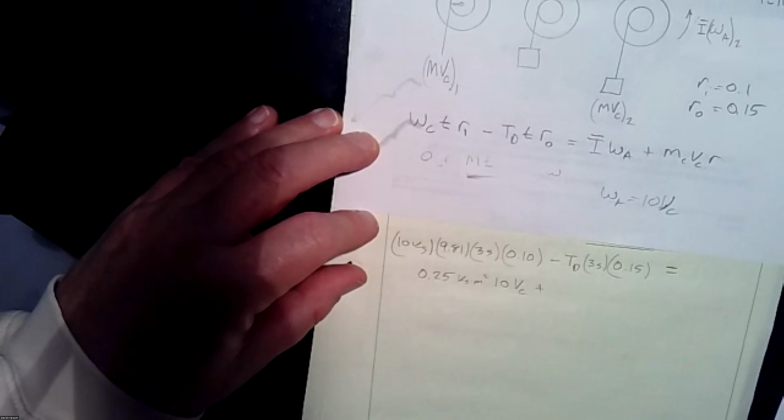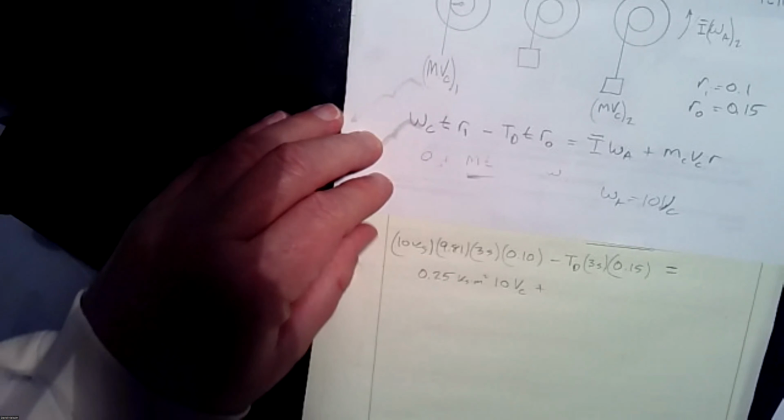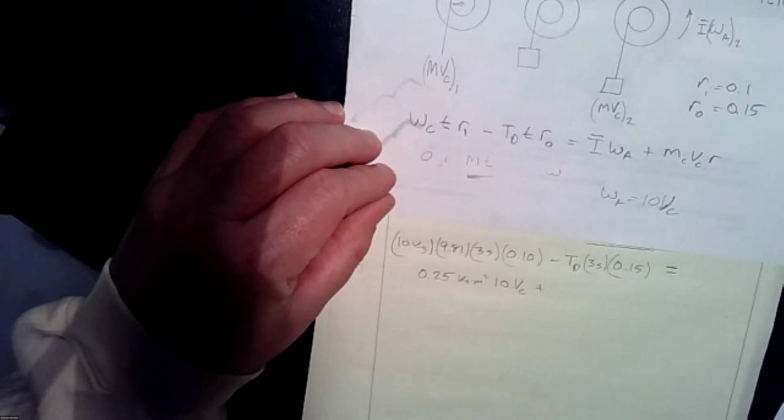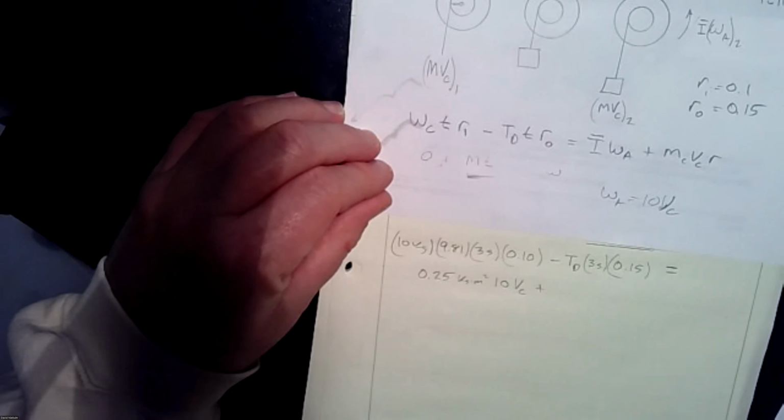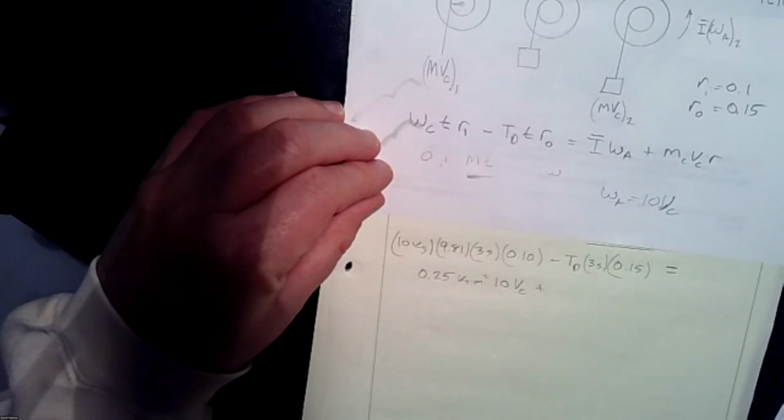Then plus 10 kilograms times VC times the 0.1. Okay, I made a slight correction while I paused.